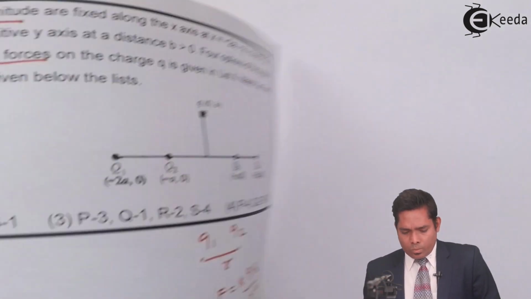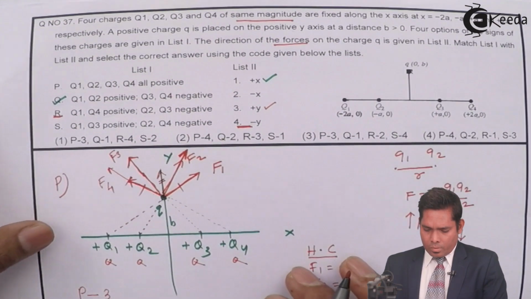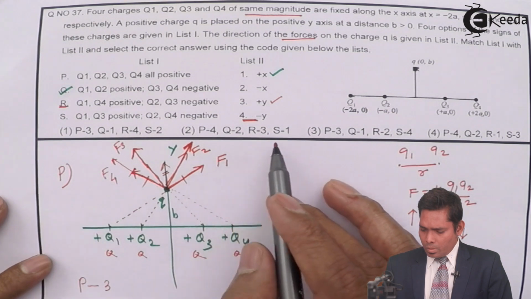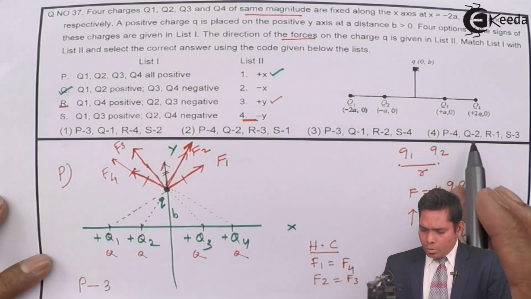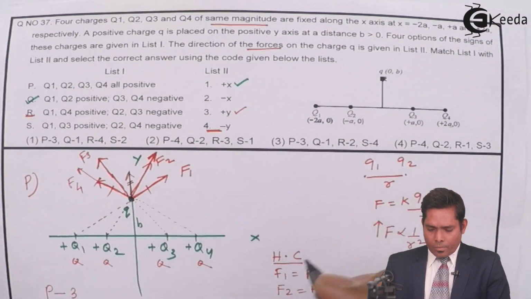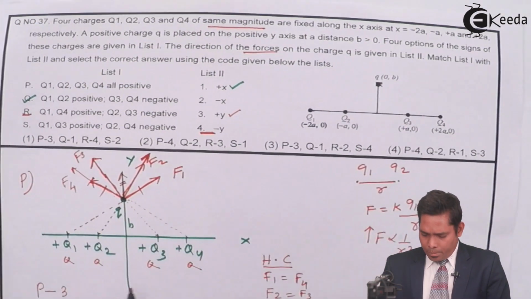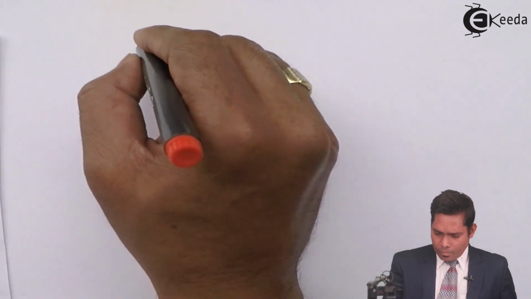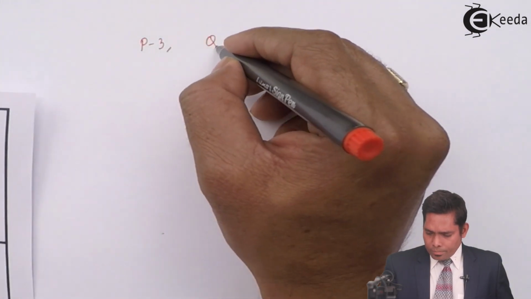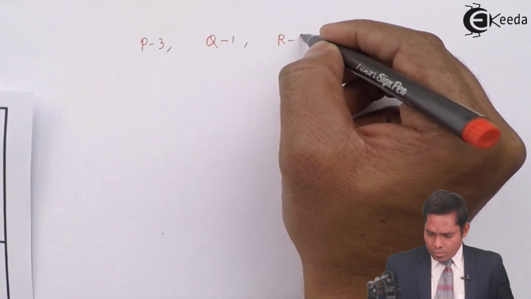Now, if I go to P3, Q1, R4, I don't have to solve for the last one because I have already got P3, Q1 and R4.